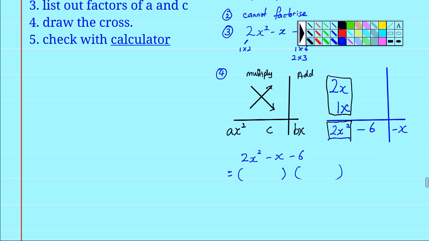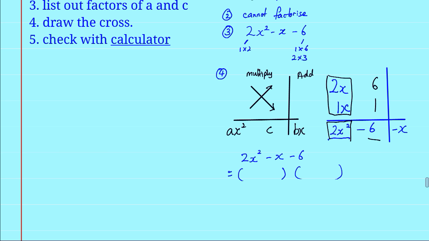Now the next one, I want to write out my factors for 6. So in this case, I can try 6, 1. Now if I put 6, 1 over here, the 2 arrows here means I want to multiply.